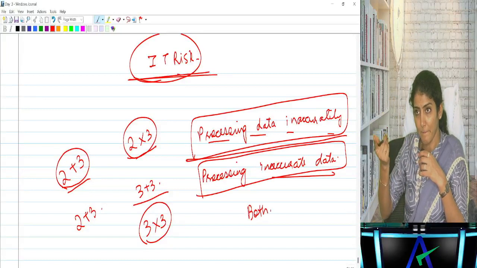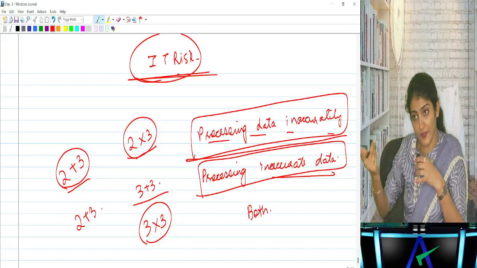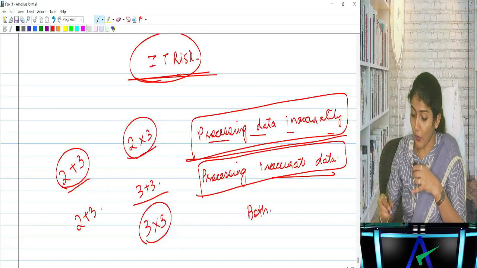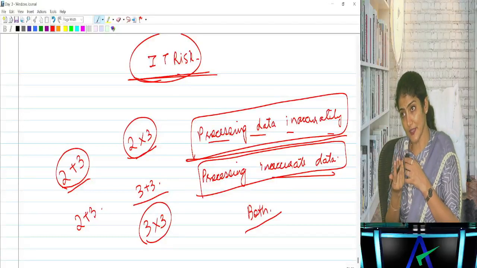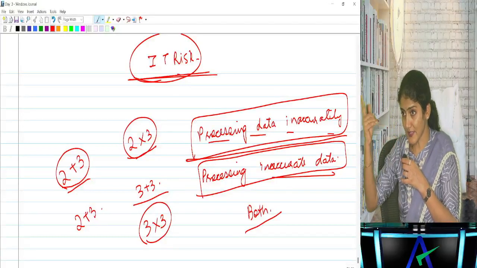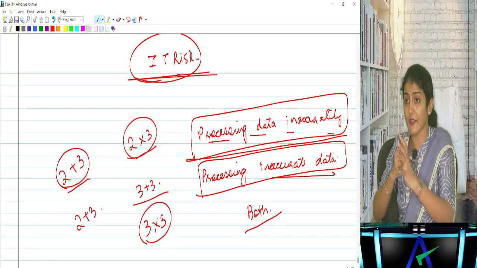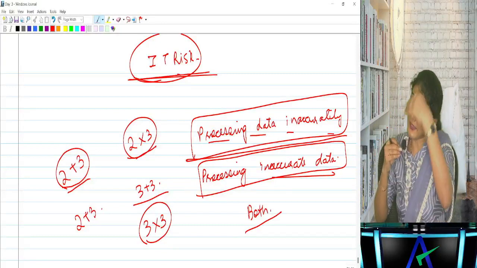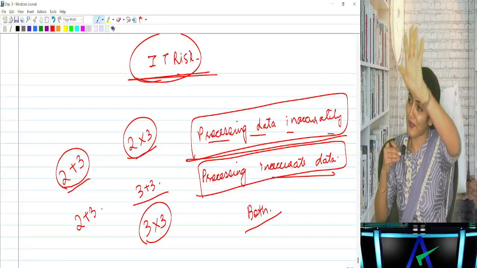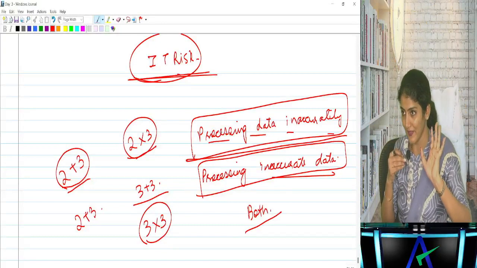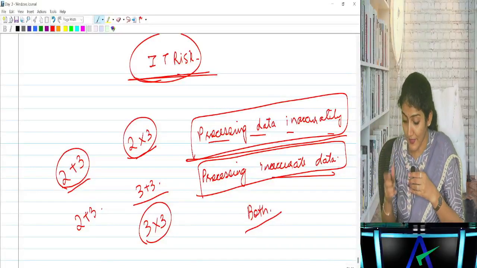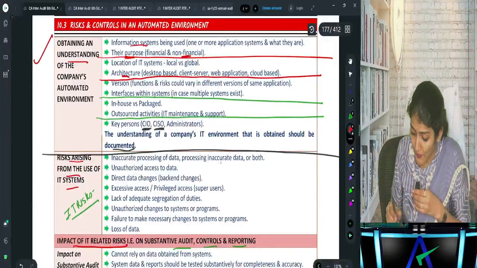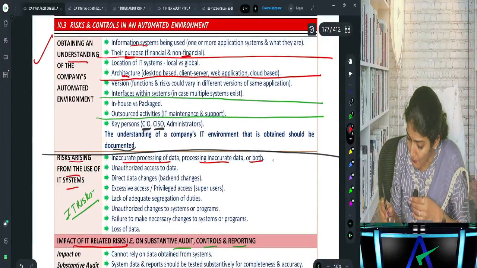So now it is processing data inaccurately, or processing inaccurate data, or both. Are you understanding? One, the data was processed inaccurately, or the data itself is inaccurate, or both. Data is also inaccurate, processing is also inaccurate, everything is a problem. You understand? Processing data inaccurately, or processing inaccurate data, or both.